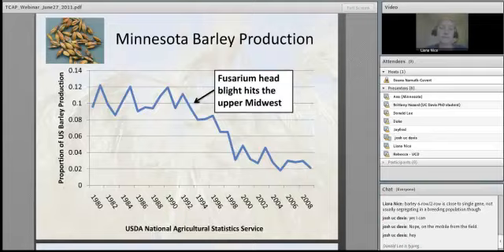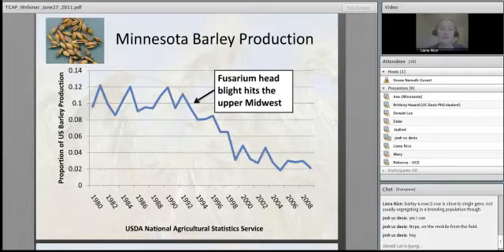The disease produces toxins in the barley spike that can cause problems when feeding it to animals, as well as issues in malting barley. So there's a very low level that is allowed in a barley crop. And in 1993 is when Fusarium head blight started showing up in the upper Midwest.